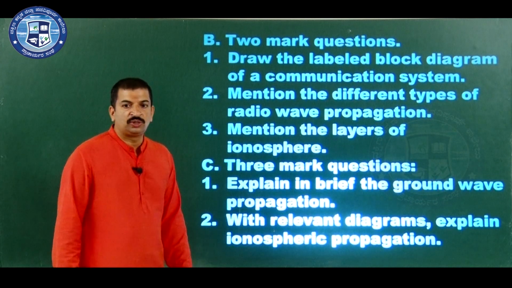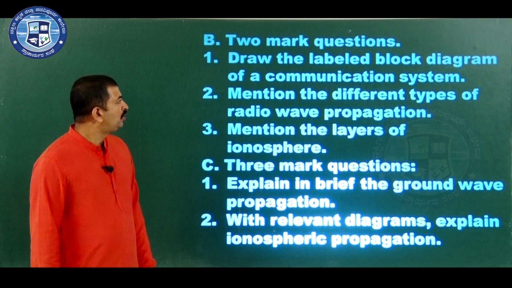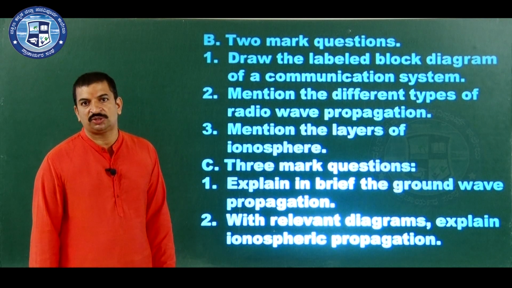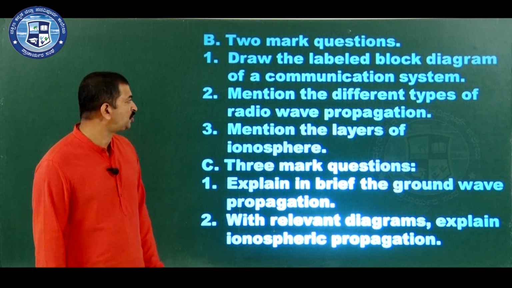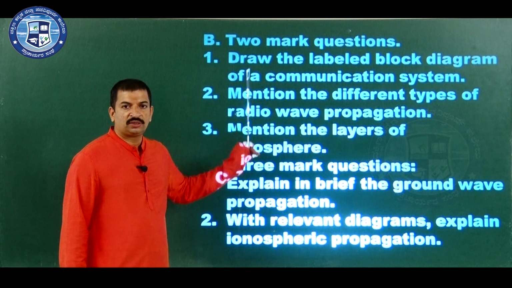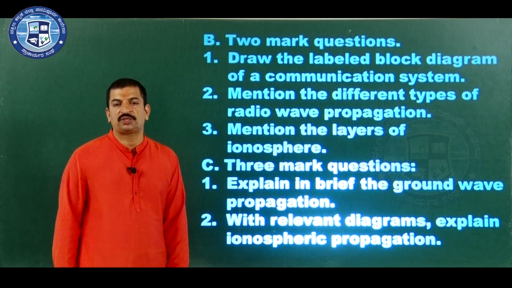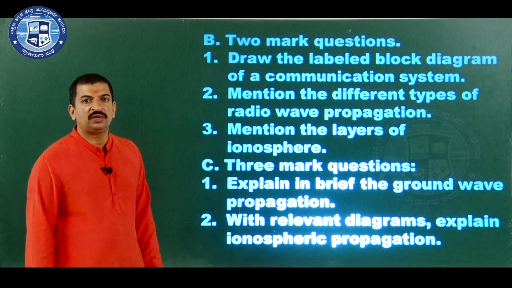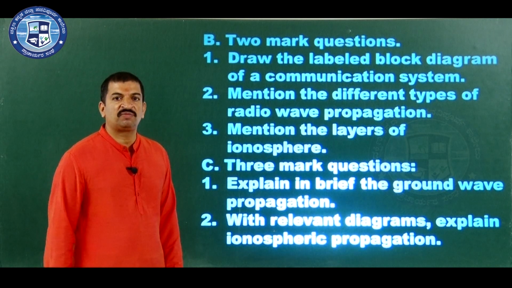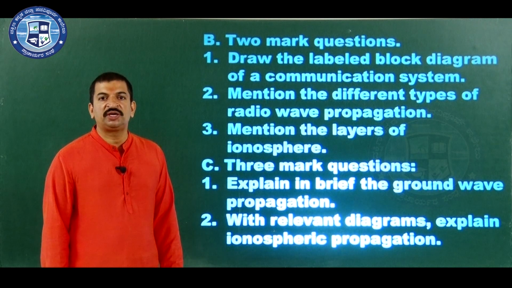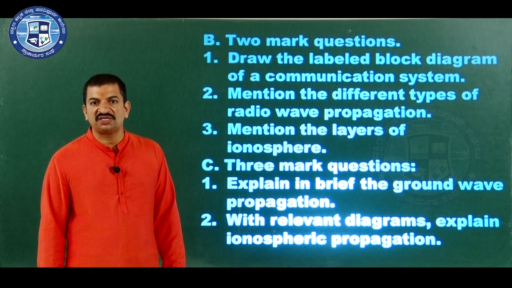Let us discuss the 2 mark questions. Draw the labeled block diagram of communication system. It is one of the most important questions under 2 marks. Very important block diagram. Already we have discussed the block diagram of communication system. The important units of communication system are the information source, the transmitter, communication channel, noise and receiver.